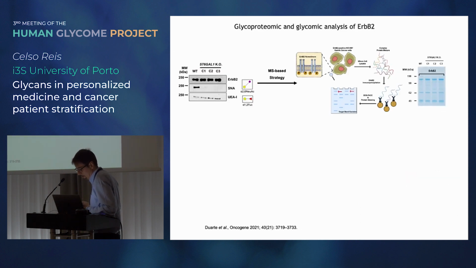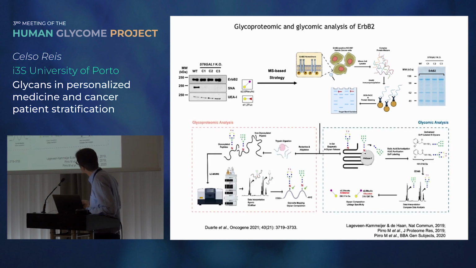I don't have time to go too much into detail, but I just wanted to show you that, in collaboration with Manfred Wuhrer, we immunoprecipitated this glycoprotein, and Enrique Duarte performed an analysis of the glycoproteomic part of the protein, in which you digest the protein into glycopeptides and analyze by LC-MS.